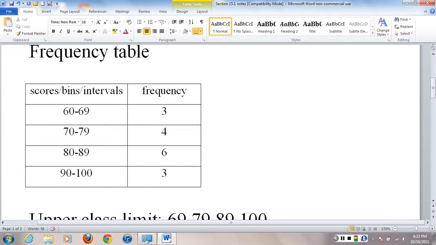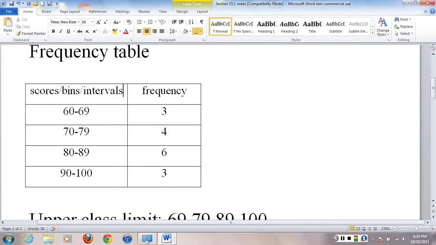The idea is, from a frequency table, when you make it, you want to choose those yourselves. And there's not necessarily a set way of always choosing these. You don't want to have hundreds of individual columns, individual frequencies. You don't want to have like 1 or 2, but you don't want to have like 30.